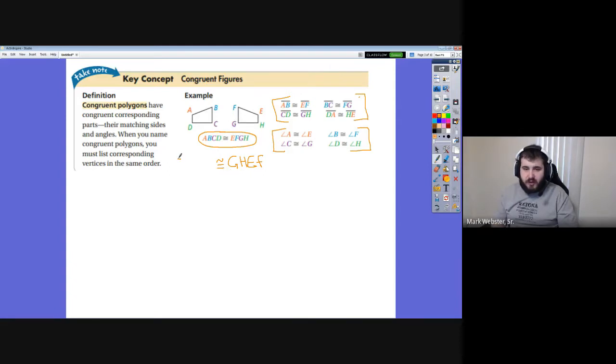G matches with C. H matches with D. E matches with A. And F matches with B. So as long as I'm consistent, and I specifically go around the outside in order, in either direction, it doesn't matter. I should be good with how I name things, okay? So just keep that in mind as you're going through.